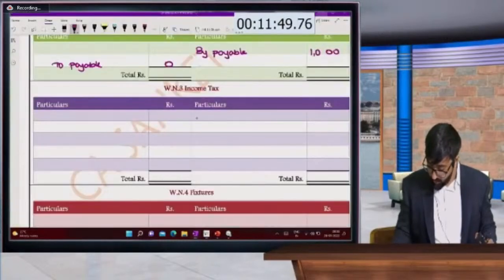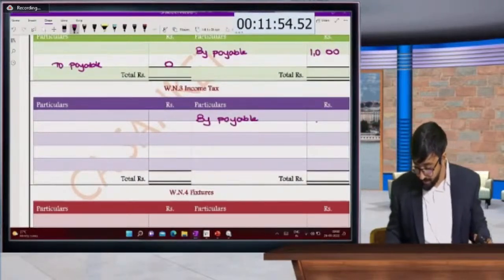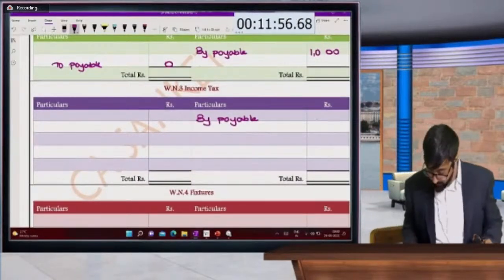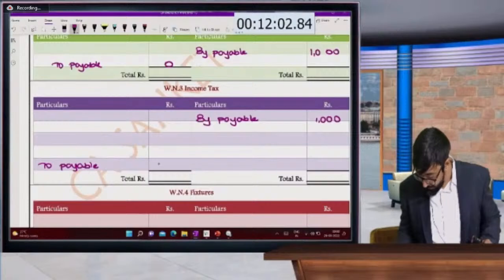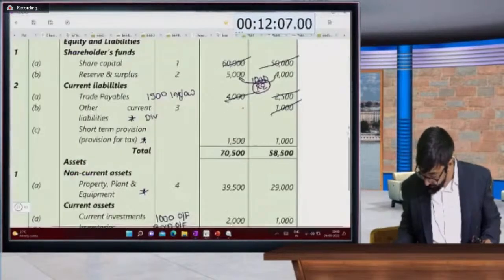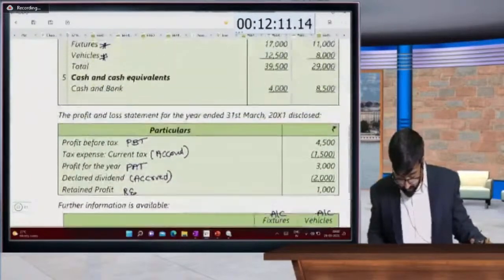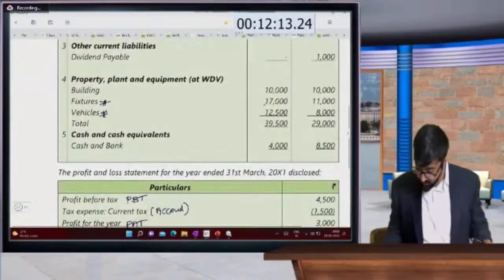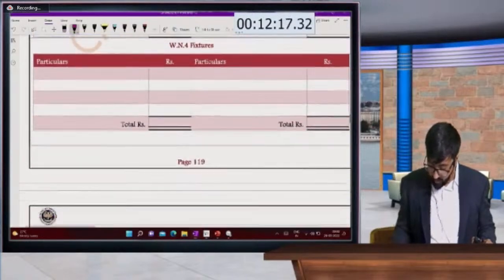Income tax account. Nominal account, so no opening balance. It's like by payable, to payable, no by balance brought down. Remember, it's a nominal account. Nominal account does not have any opening balance. 1,000 and 1,500. Building is not changed. Fixture, 11,000 and 17,000.